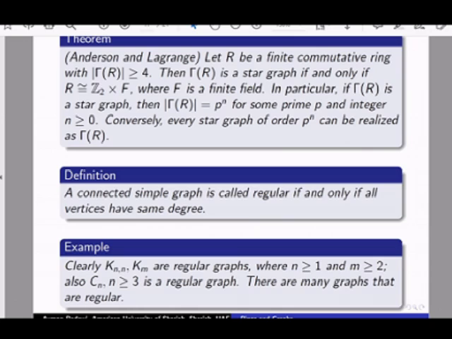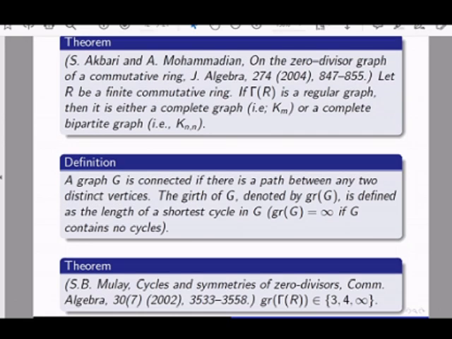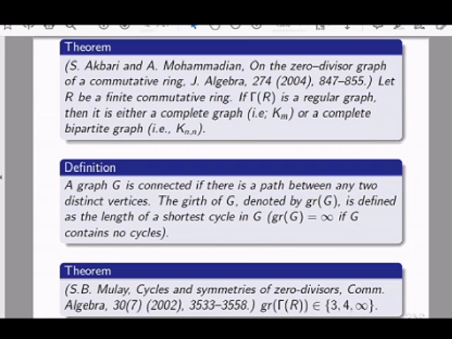So here is the question: when is the zero divisor graph of a ring regular? The answer was given by Saeed Akbari and Mohammadian. They are two Iranian mathematicians.